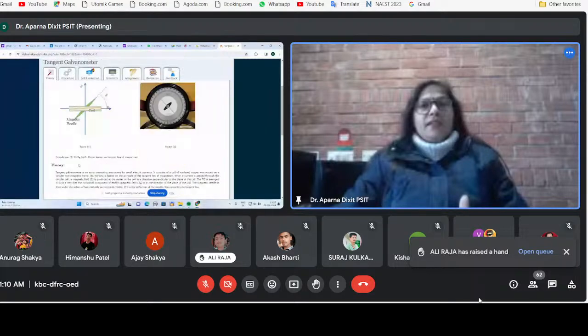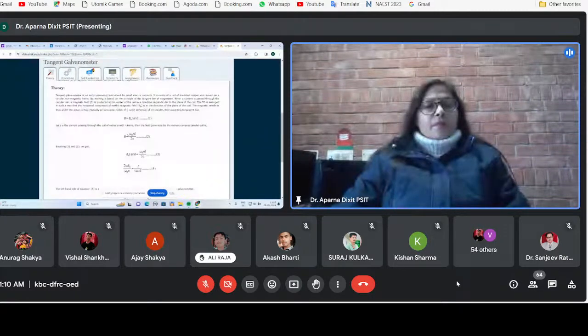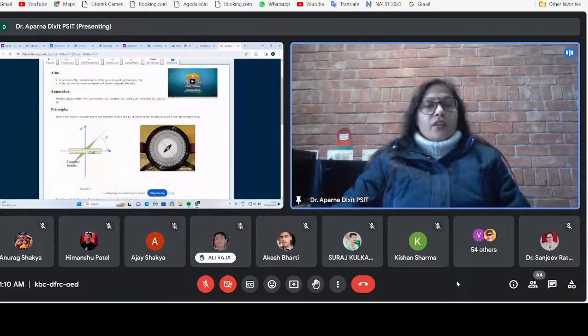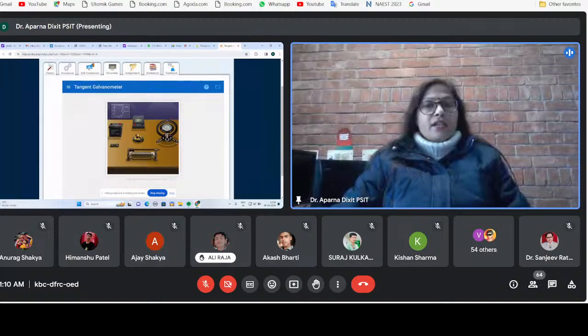Okay. So we know that the tangent law of magnetism says that... Now this is a coil, a current carrying circular coil. This is the tangent galvanometer; if you go to the simulator, you can see the tangent galvanometer.